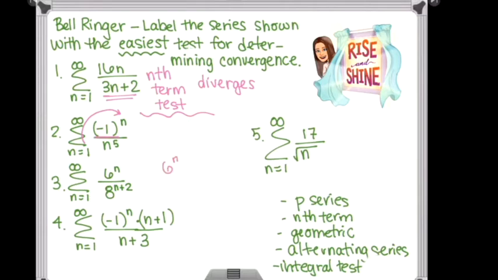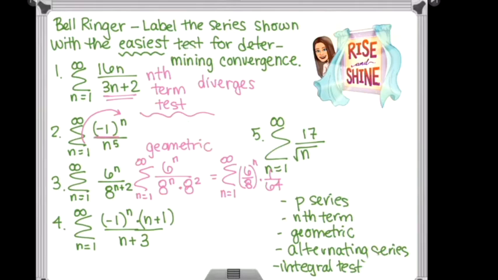So this is a situation where we can separate that denominator into 8 to the n and 8 squared. So this is going to be the same as 6/8 to the n power and then 1 over 64. Why 1 over 64? Because that's 8 squared. So our series we could rewrite this way, and this would be a geometric series. And this one would converge.